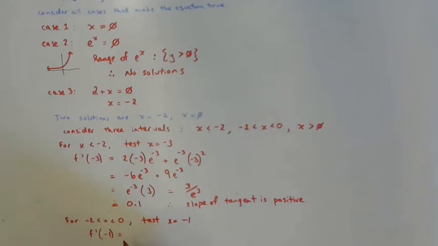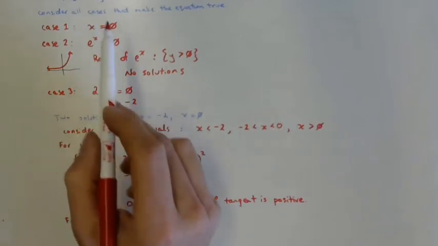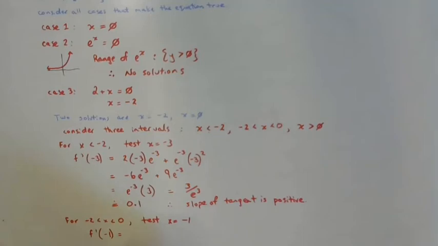If you do that carefully, again starting with the factored equation this time, you will end up with -0.4. So the slope of the tangent over this interval is negative.